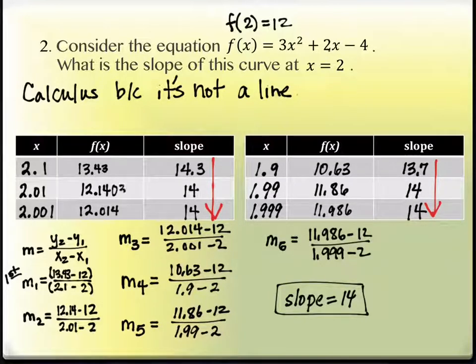1403. So just for a minute, pause with me and see what would have happened over here when I calculated the 12.14 if I had used 12.1403. So go back to the regular screen and enter this one, 12.1403 minus 12, and then divided by the 2.01 minus 2. What actually happens?